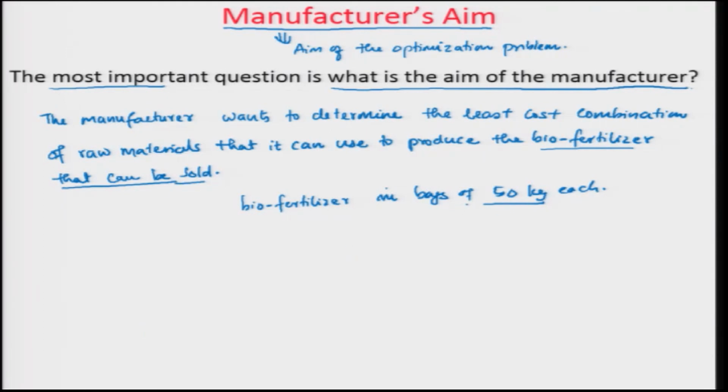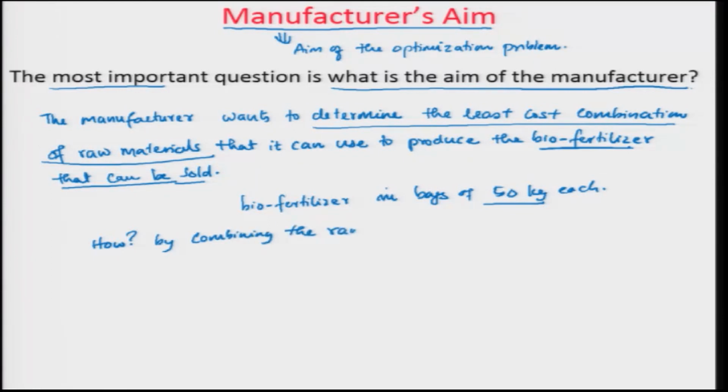And how does the manufacturer want to produce this biofertilizer? The how is by determining the least cost combination of raw materials, by combining the raw materials. How many raw materials are there? 7 of them.